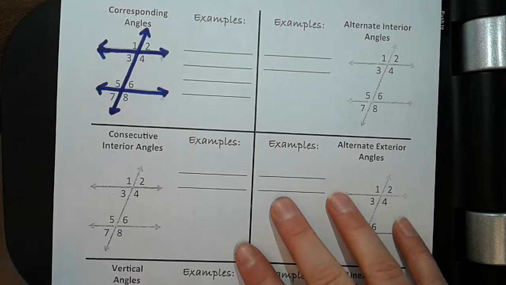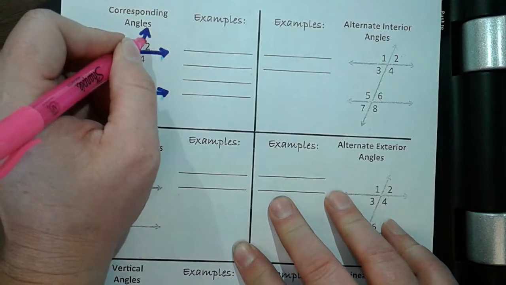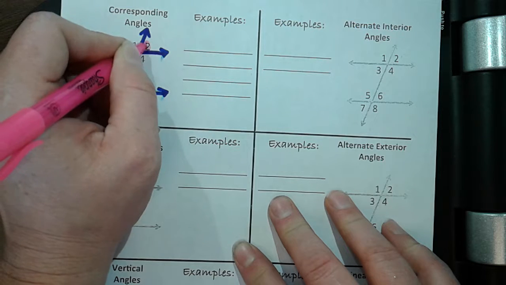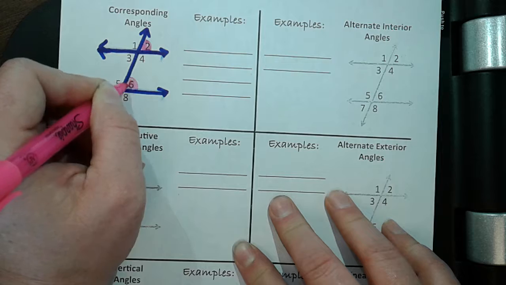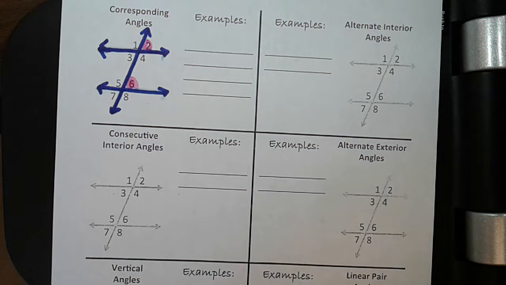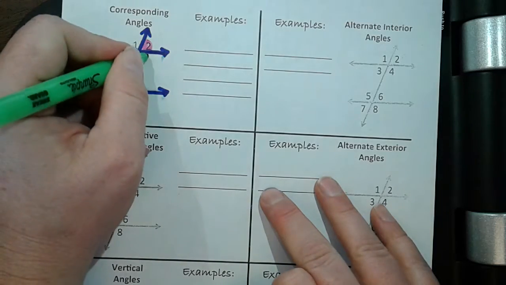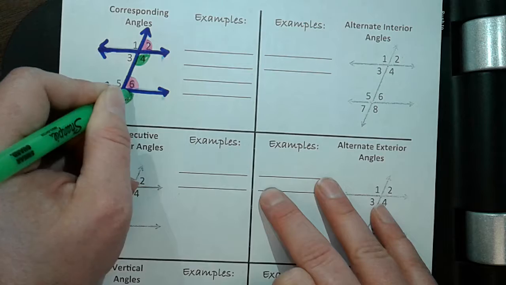properties are. So first, corresponding angles are ones that are on the same side of the transversal, and then they're both on top of the parallel line, like 2 and 6, or they're both on bottom of the parallel line, like 4 and 8.